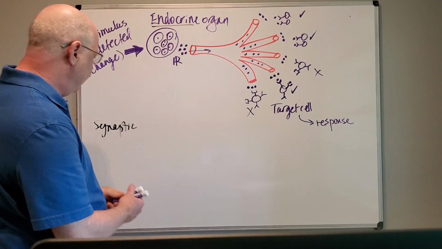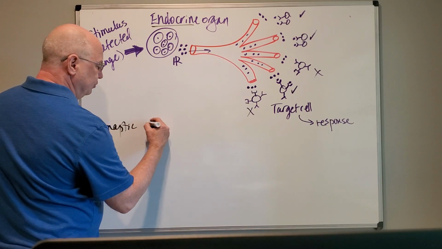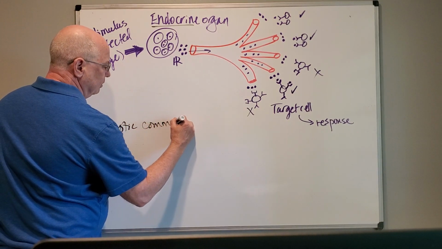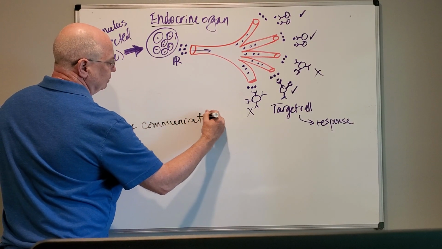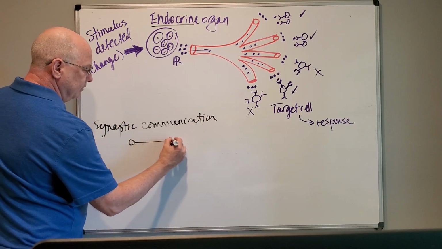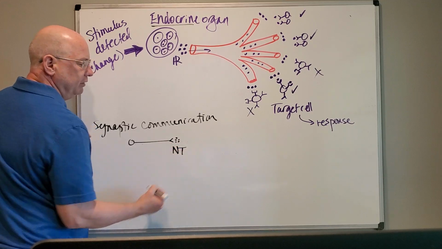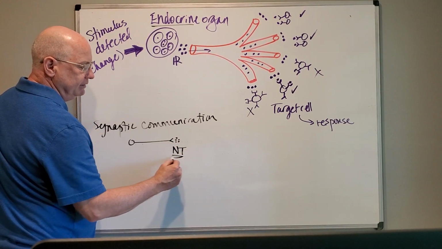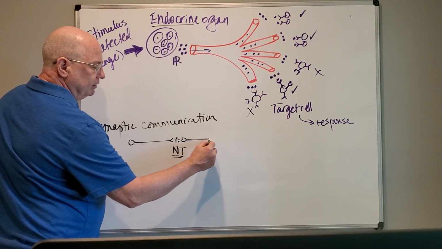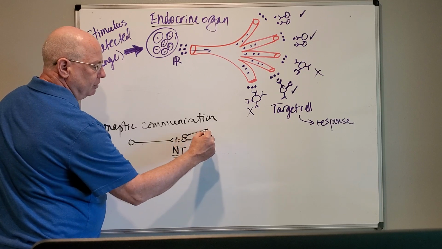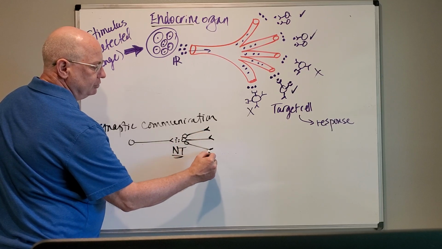Now, in synaptic transmission or synaptic communication, one of the differences is I have a neuron release neurotransmitter, remember my abbreviation from part 1 for neurotransmitter is an N and a T, directly onto the next cell, or a very small group of cells in one location.